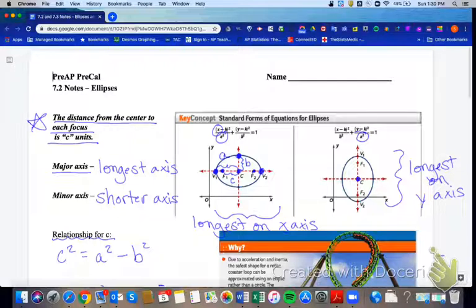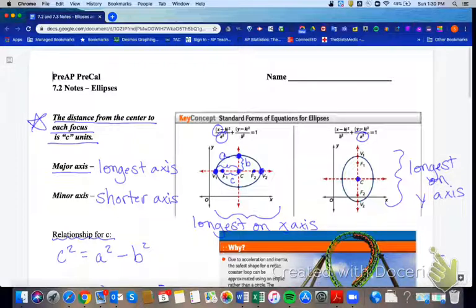Okay, now the focus on an ellipse, there is a really good use and example of this in the United States Capitol building. One of the rooms inside was a former Senate room. Now it's called the Whispering Room. Within this room, it is in the shape of an ellipse.